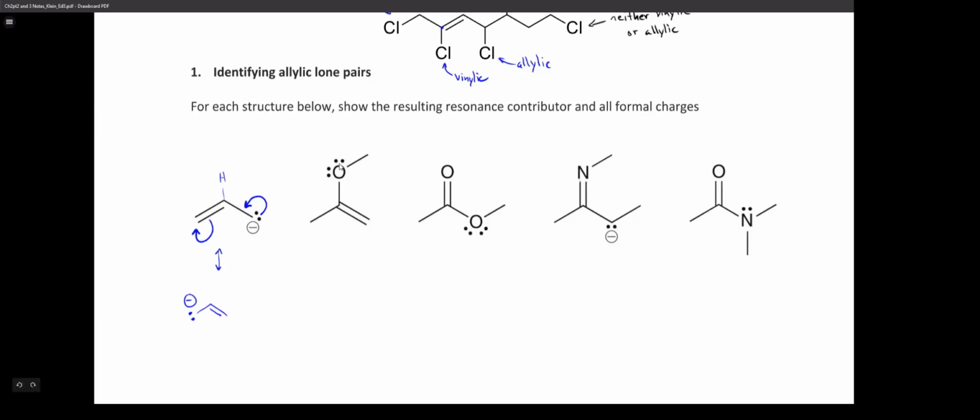This oxygen is in an allylic position, okay? I don't think I would want to call it an allylic oxygen, but it is adjacent to a double bond here, and its lone pairs can therefore follow the same pattern. They can be pushed, and that's the word we use, pushed. They are pushed to form a new bond here.